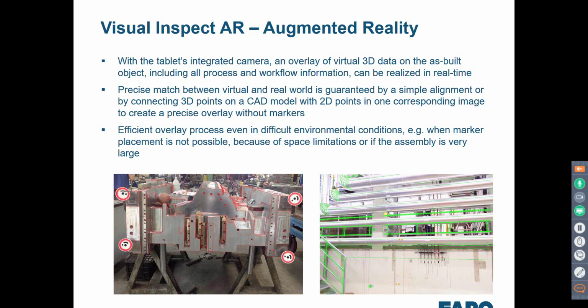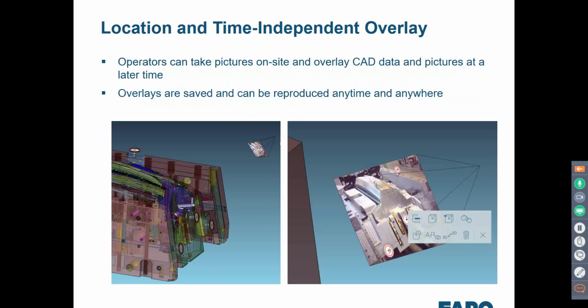So this is nice too, because you might have very difficult or tight locations. Like I said, bulkheads, fuselages, interiors of frames of cars, and you can actually move within those areas, and then utilize the augmented reality function and or the CAD viewing function, or both. Time independent overlay.